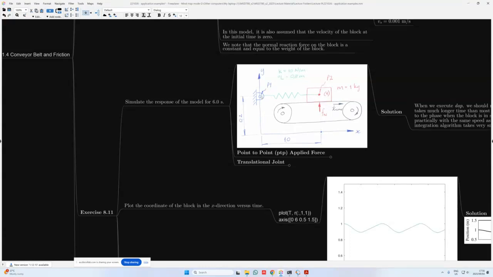So I'm going to need some sort of a point that I specify on ground, also a point that I specify on the box itself so that I connect the point-to-point spring in this case. And then I'm also going to need to facilitate the translational joint in this case. Therefore, I also need 2 points and 2 unit vectors in this system.